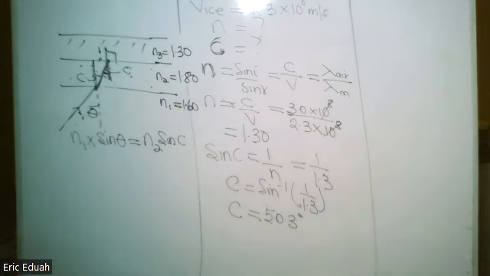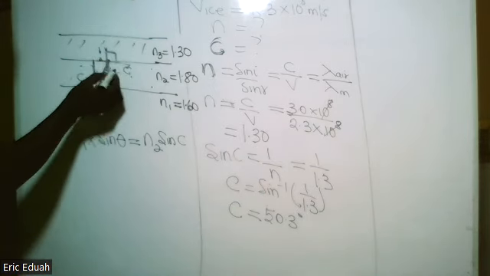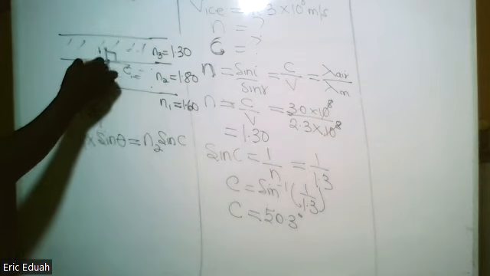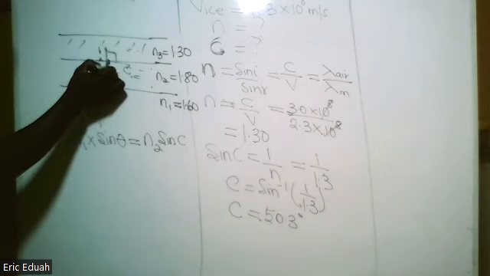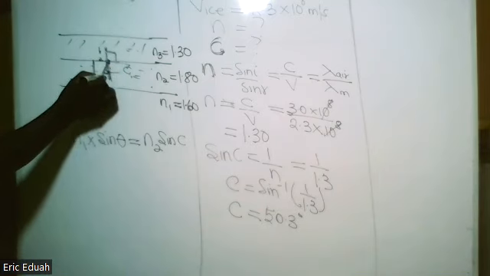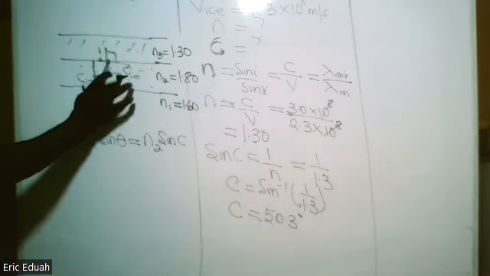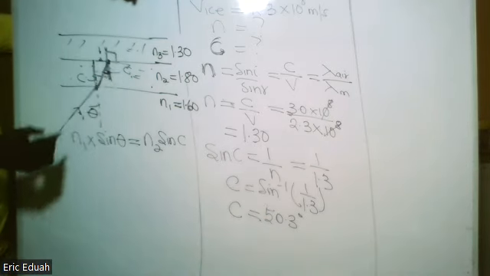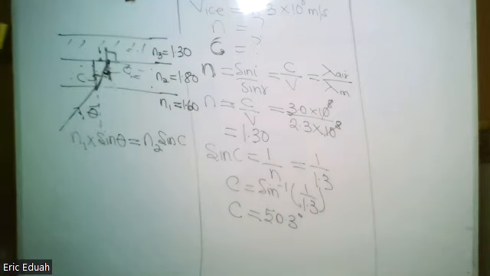So it's incident on the interface at the critical angle, meaning the angle of incidence within material 2 is the critical angle. So this angle, which serves as the angle of incidence from material 2 to 3, is the critical angle. If this is the critical angle, then this is also the critical angle because they alternate, isn't it?